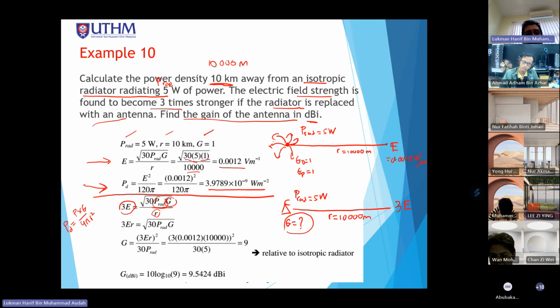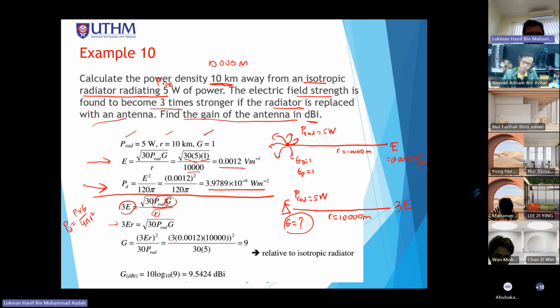If we rearrange the equation, 3ER equals the square root of 30 times P times G. So G is equal to (3ER) square divided by 30 times P radiation.